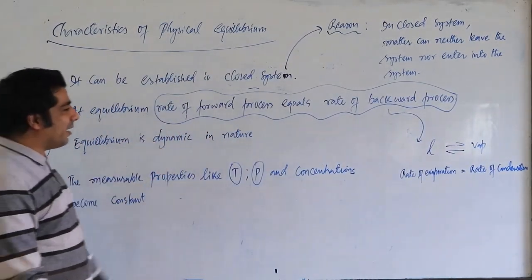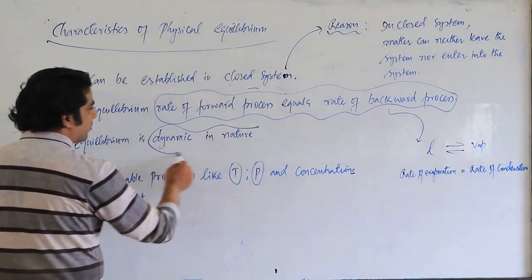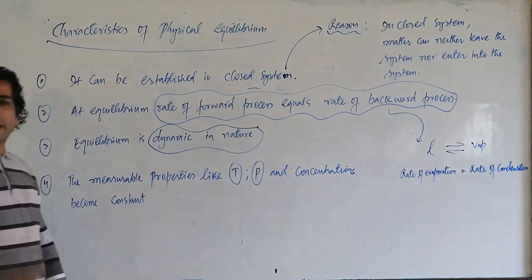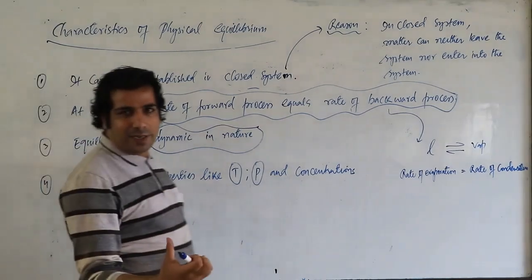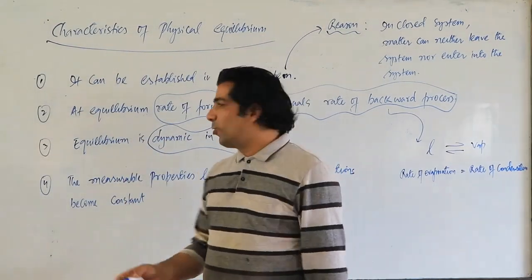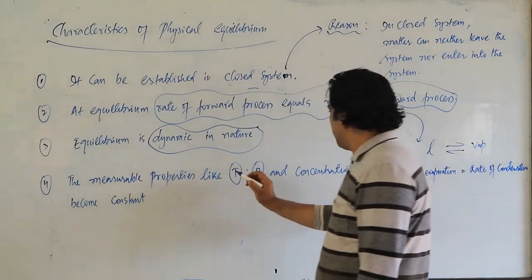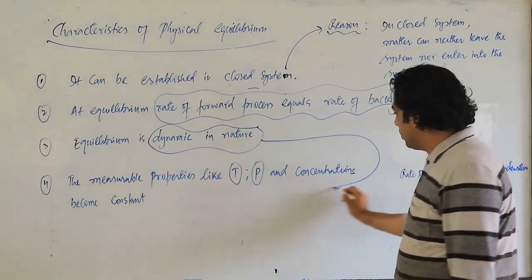Equilibrium is dynamic in nature. This is important here. Dynamic means the equilibrium is in motion. Think that equilibrium does not stop. Let's talk about this dynamic term.